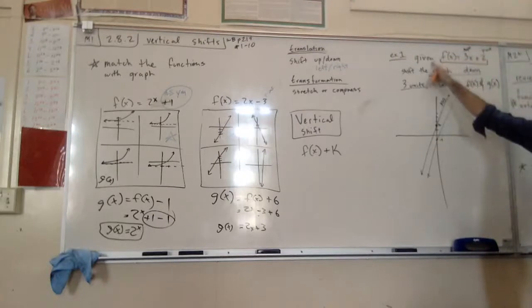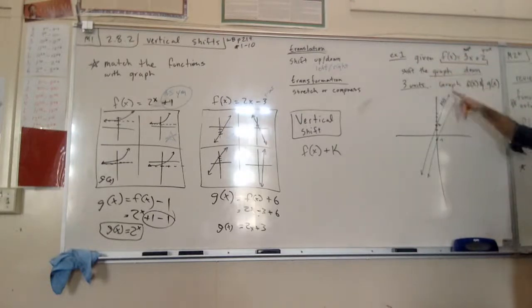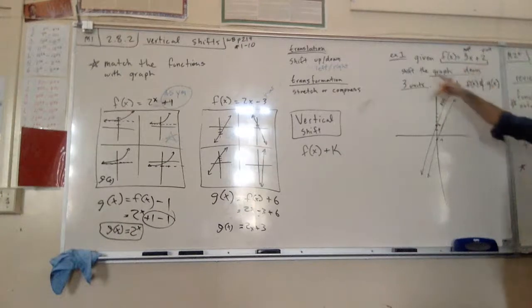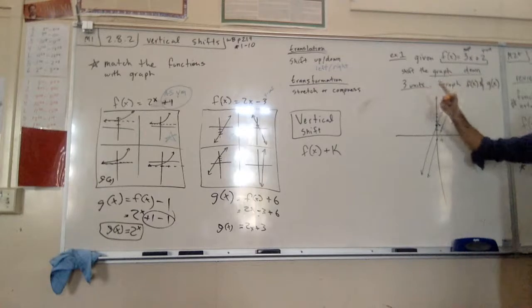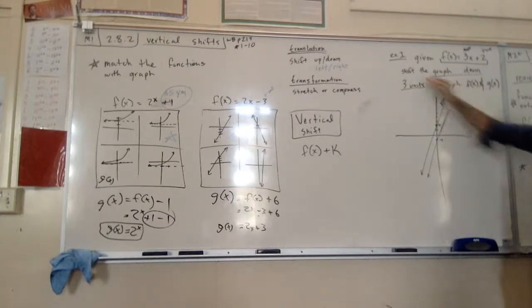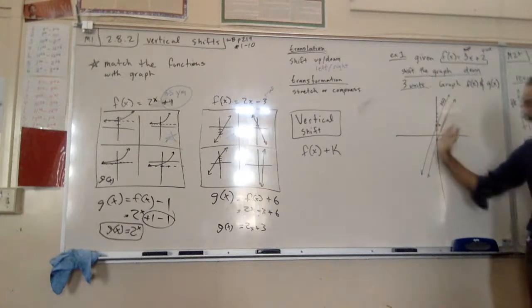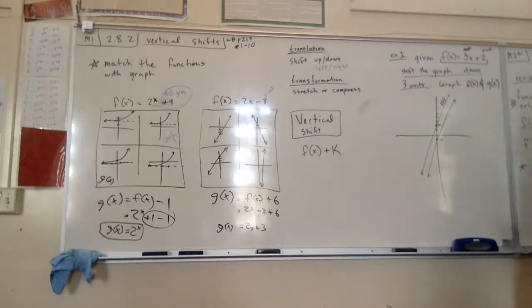Let's look at it closely. Given this function, which we graphed first right here, given that function, shift the graph down 3 units. That's the part. So I actually should underline it. Shift that. So it goes down 3 units. This went down 3 units.